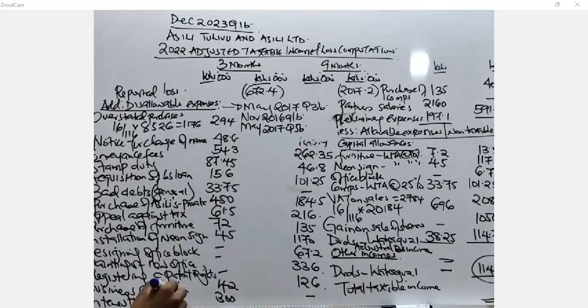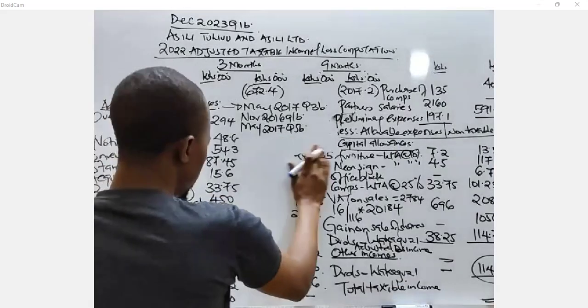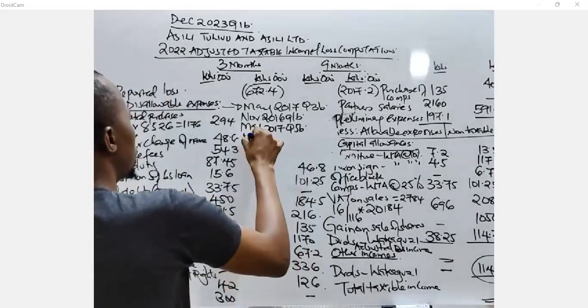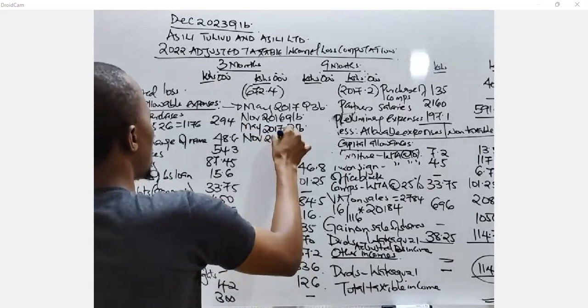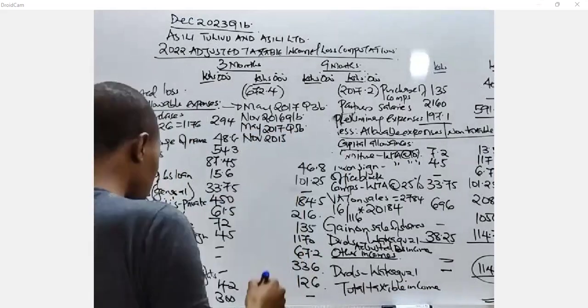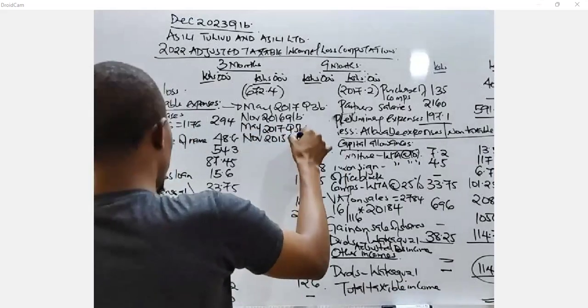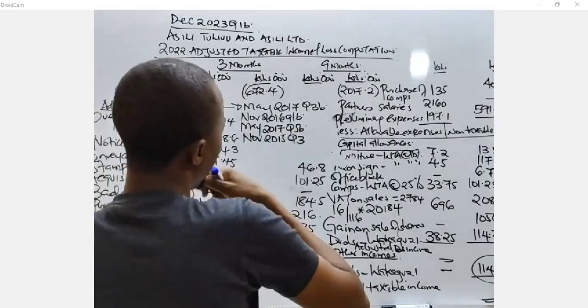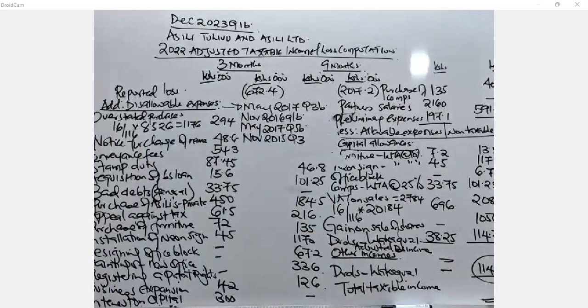Oh, there is another one for November 2015. These apply the knowledge which I have already shared with you regarding the losses. November 2015, question 3 also discusses more about what we have discussed here. So you can go through all that.